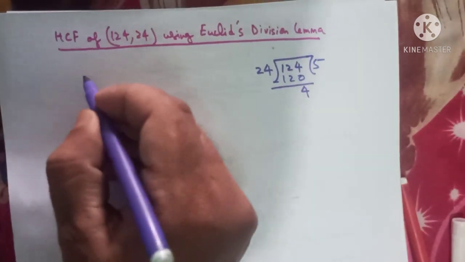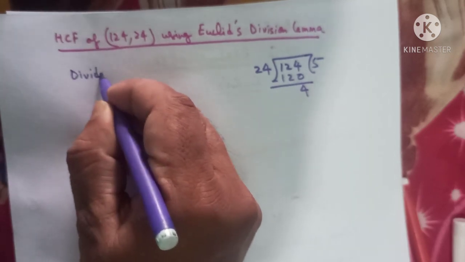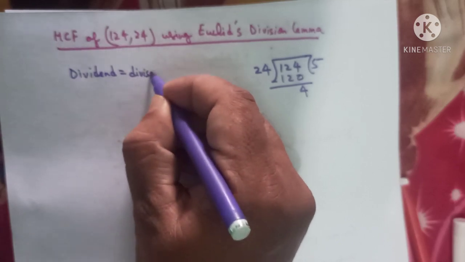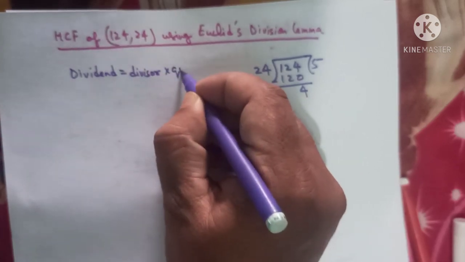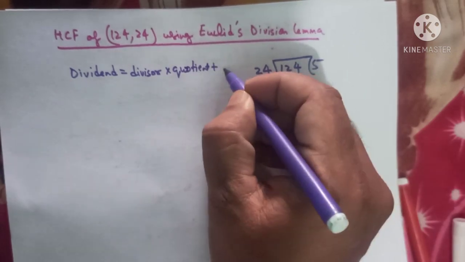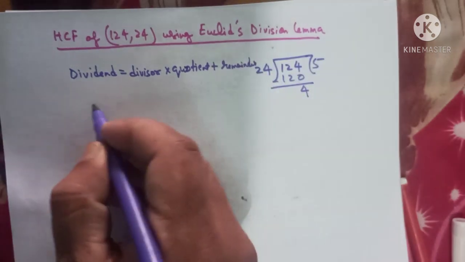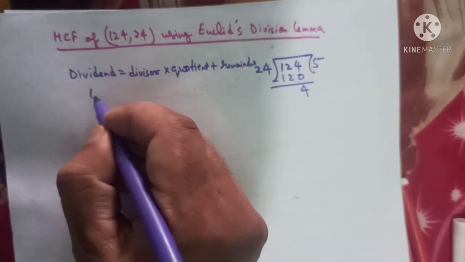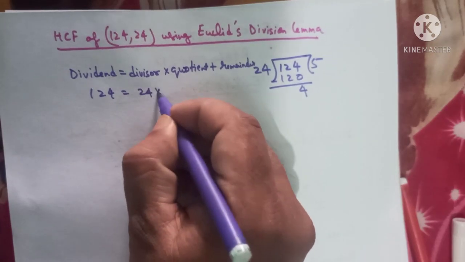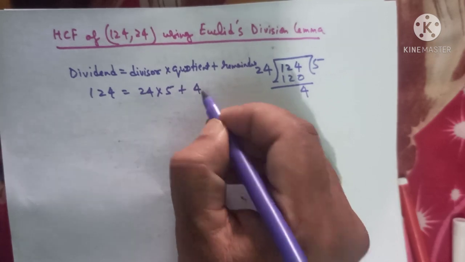It will be written as dividend is equal to divisor into quotient plus remainder. So we will put the values. The dividend is 124, divisor is 24 times quotient, that is 5, plus remainder, that is 4.